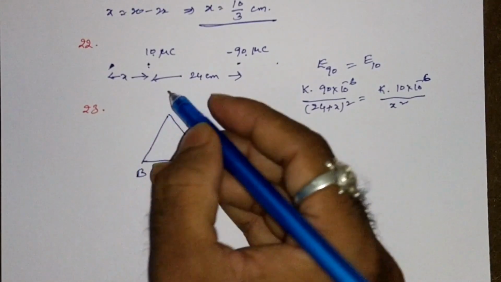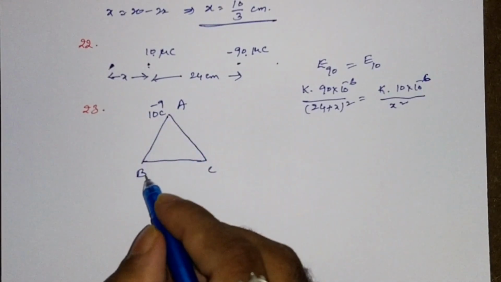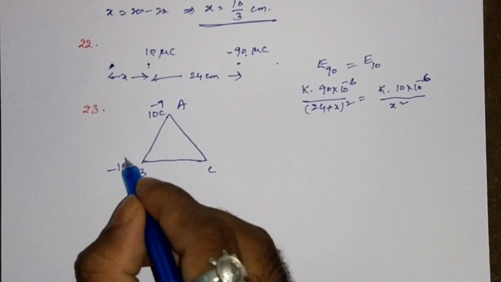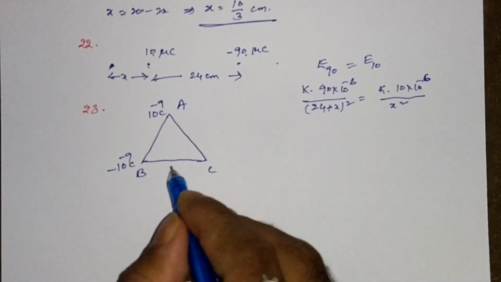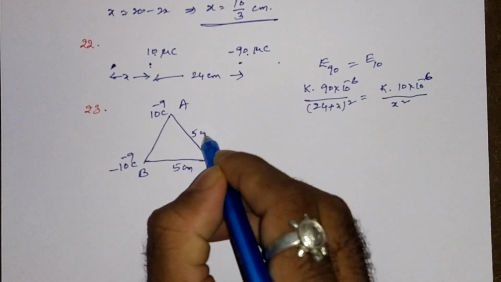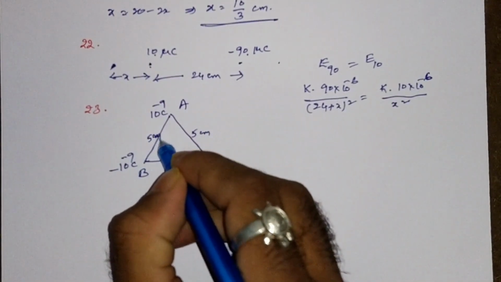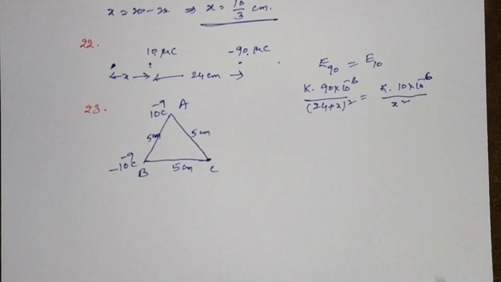At A the charge is 10 power minus 9 coulomb and at B it is minus 10 power minus 9 coulomb. The sides are 5 centimeter each. The electric intensity at C, here we need to calculate.